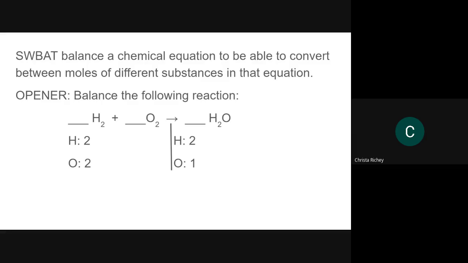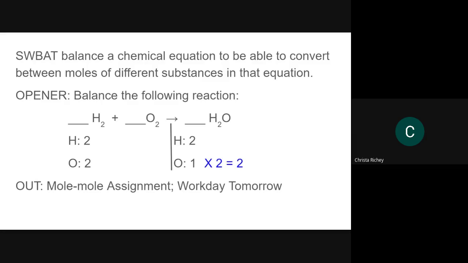You have to be able to balance. You have multiplication. Multiply the 1 oxygen by 2. It is going to put a 2 in front of the water. That's right. So what does that do to the hydrogen on the right-hand side? It's times 2, which means now we have 4. Correct.